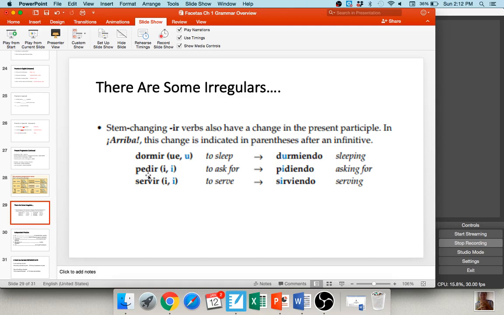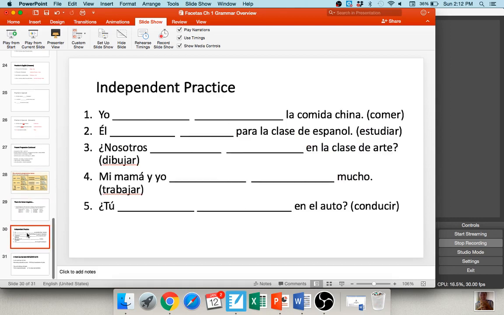Pedir is a verb which typically has a stem change from E to I. It is still going to change from E to I in the participle form, becoming pidiendo. Same thing with servir, okay? So watch out for those IR verbs when forming your participles. If an IR verb has a stem change in the present tense, it's likely going to have some kind of change to its participle as well, okay?